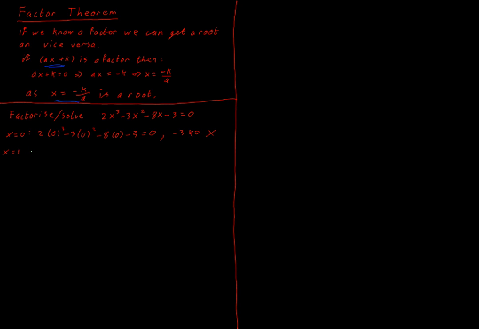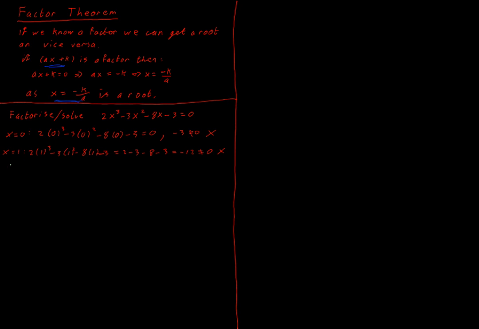Let's try x is equal to 1. I get 2 on 1 cubed, minus 3 on 1 squared, minus 8 on 1, minus 3, is equal to 2 minus 3 minus 8 minus 3, which is minus 12, which is definitely not equal to 0.